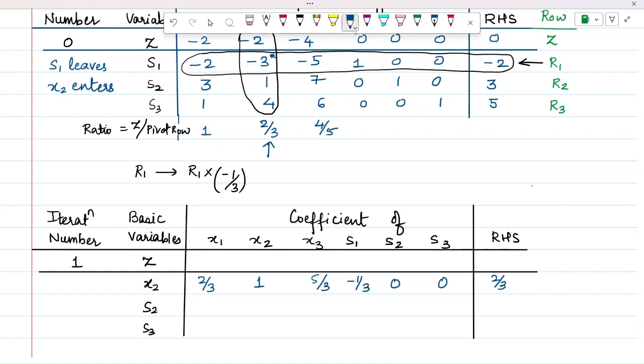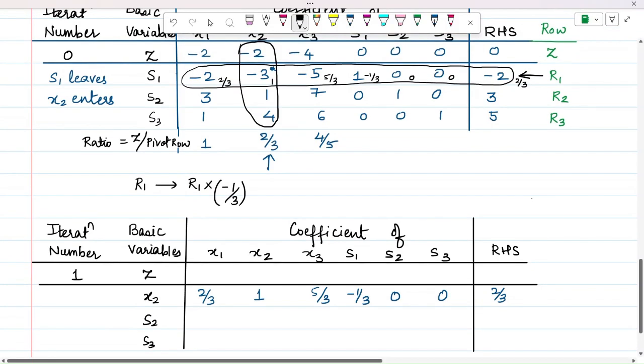Okay, fine. Now using these values of R1, let me write down these values here: 2 by 3, 1, 5 by 3, negative 1 by 3, 0, 0, and 2 by 3. We're going to use these new values to convert the pivot column into the remaining elements as 0. So the remaining elements are the Z row has a negative 2.